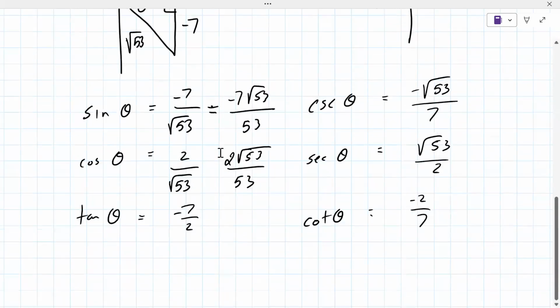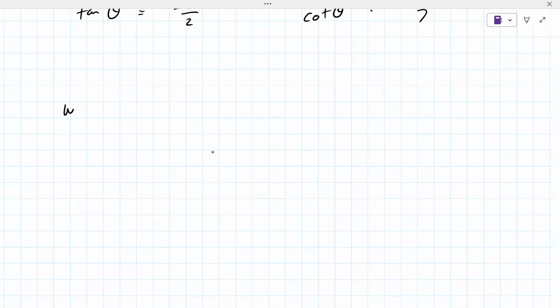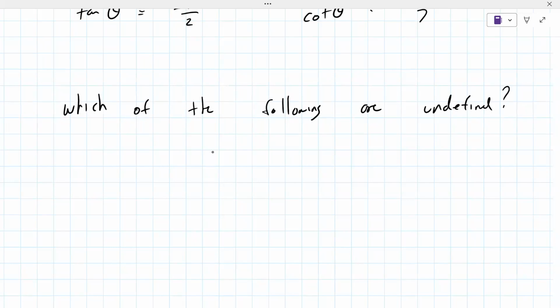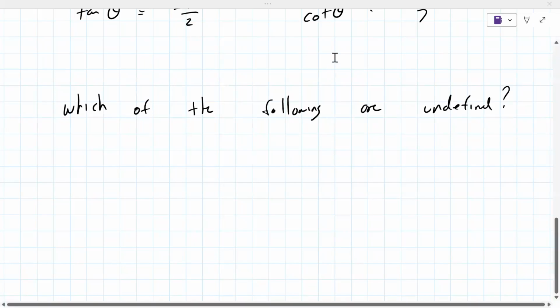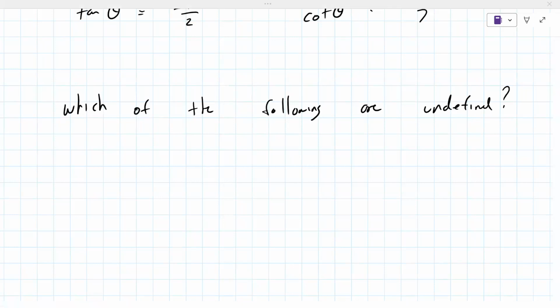Now, the other one here for 15, I'm going to ask it differently. Which of the following are undefined? Okay. So if we look at 15, you'll notice that it's on one of the axes.